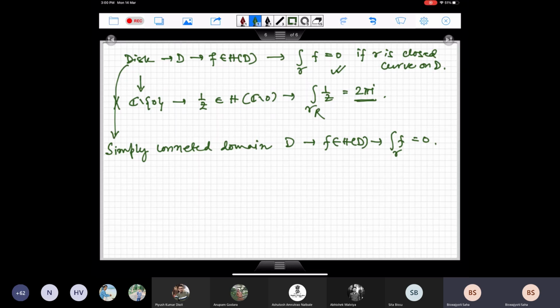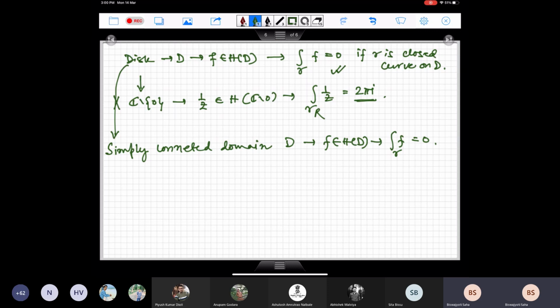Now, if any closed curve is homotopic to a single point, then of course the integral is going to be 0. So therefore a simply connected domain has this property. There is a background to why that's true, but nevertheless you have this particular property on simply connected domains.